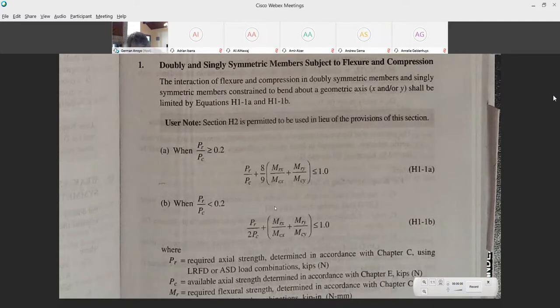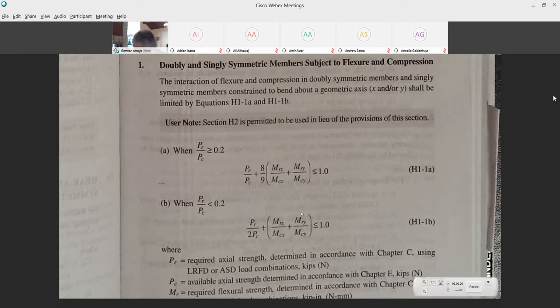And I mentioned the other day that about the weak axis, we do not have lateral torsional buckling, because the flanges cannot buckle like they do whenever you have bending about the strong axis. So this is the design strength about the weak axis.